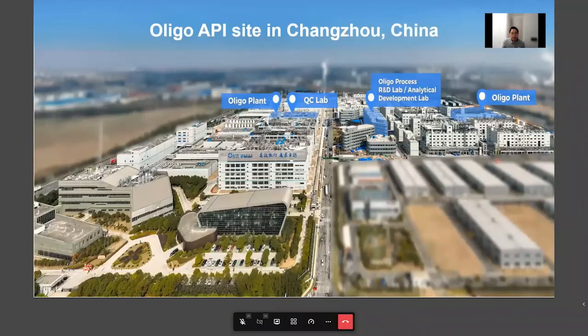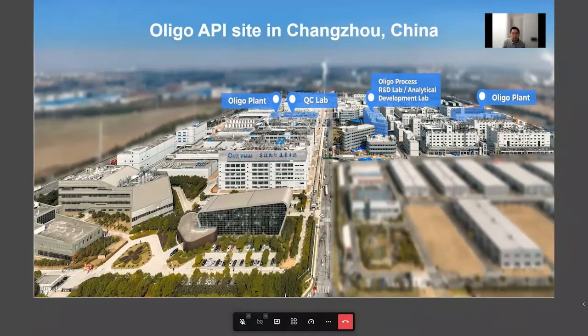Now let's come back to the Changzhou site, which is one of our largest manufacturing campuses within WuXi AppTec. Changzhou City is about 1 hour by bullet train from Shanghai. Our site has an area of over 70 acres, and all our oligo development, manufacturing of API and supporting teams are located here.